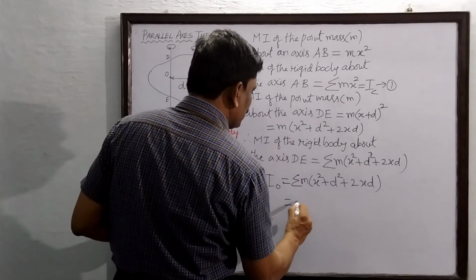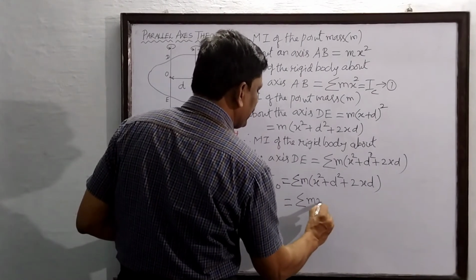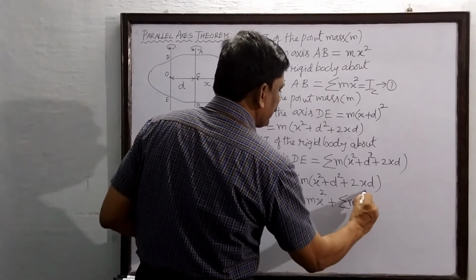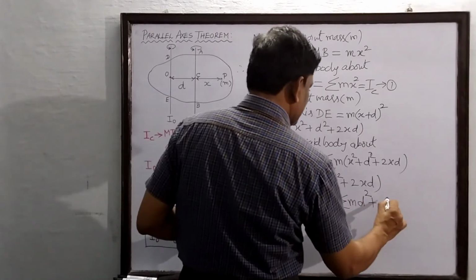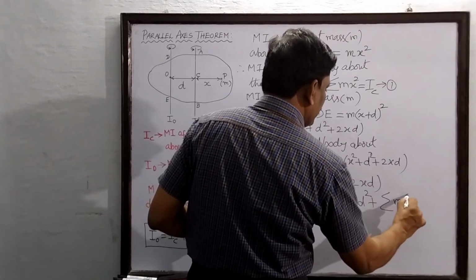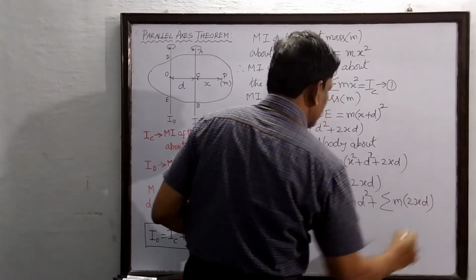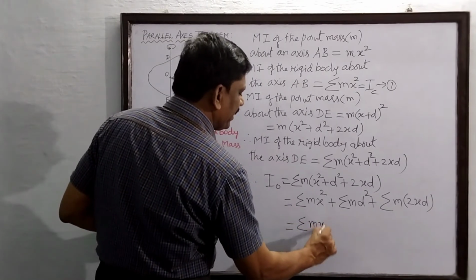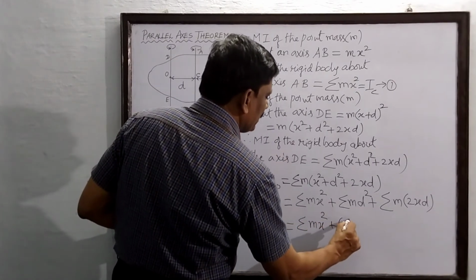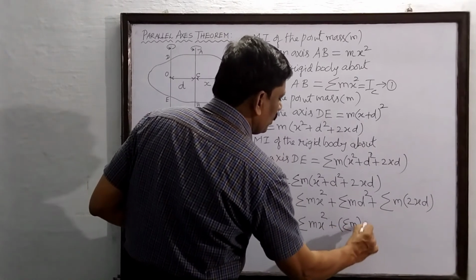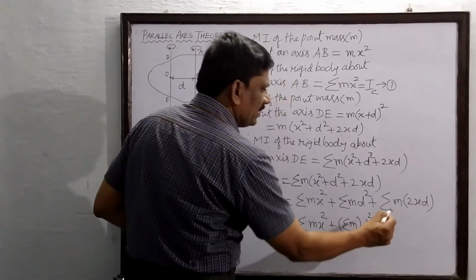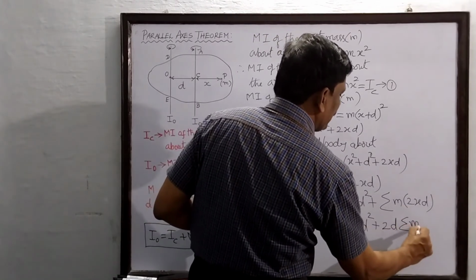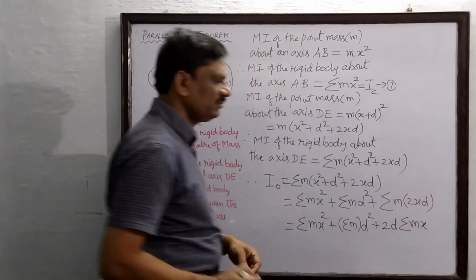This is equal to sigma m x square plus sigma m d square plus sigma m into 2xd. This is once again written as sigma m x square plus sigma m into d square plus, this 2d I will take out, into sigma m into x.